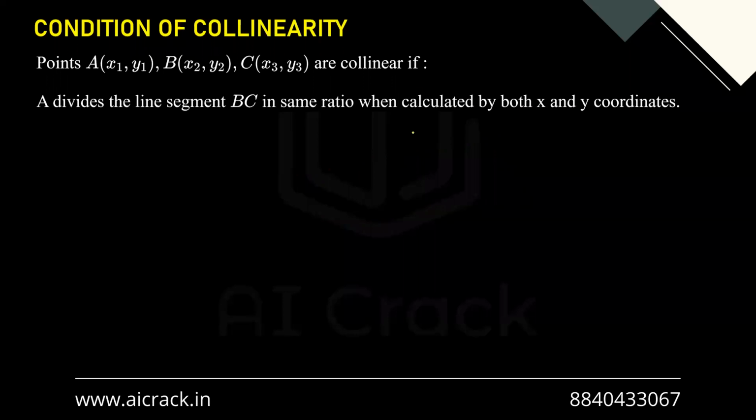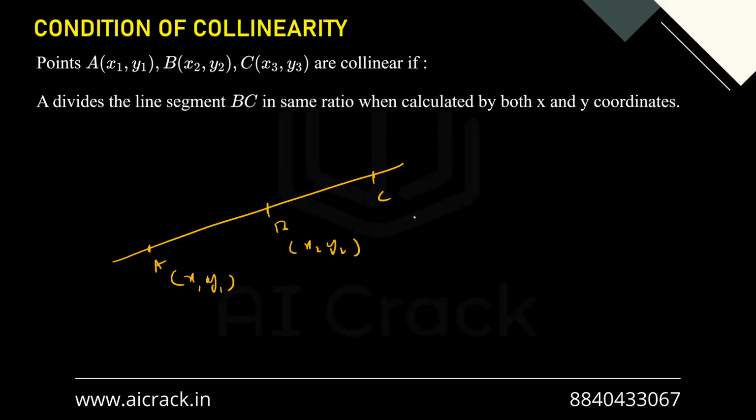Okay. Now the fourth condition, so that's a little trickier one. So let's say we have these A, B, and C. Now this point is x1, y1, x2, y2, and x3, y3. I'll try to find out the ratio in which this particular point is dividing A and C internally, right?